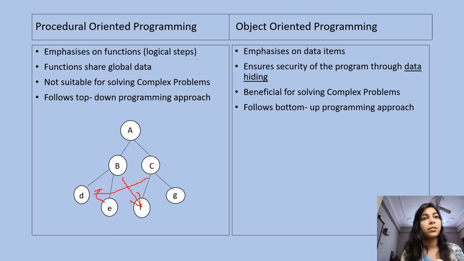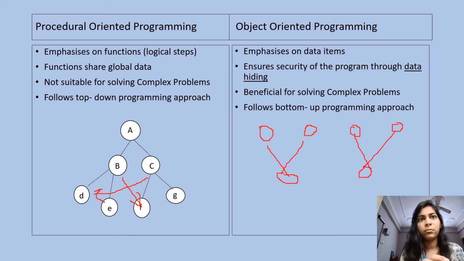But if we consider this as a flow chart of object oriented programming, there will not be any flow of data between them. It is going to be vice versa, so D, E, F, and G have to be on the top, something like this.